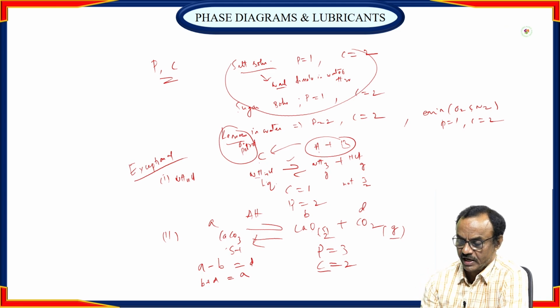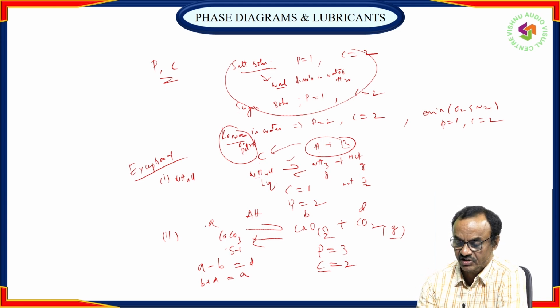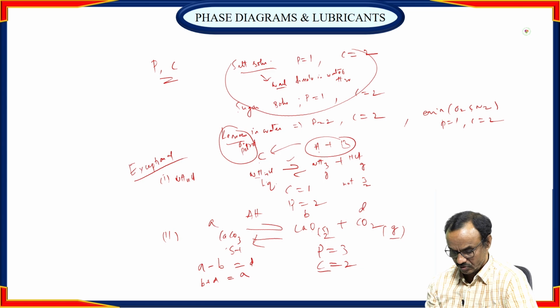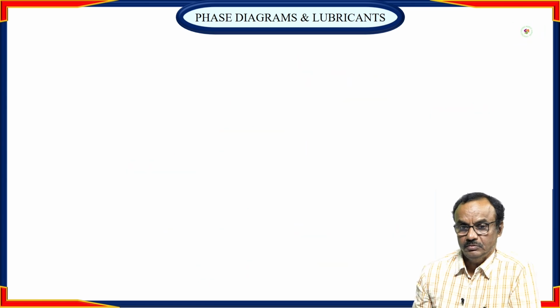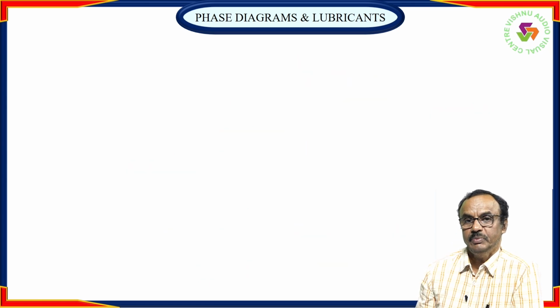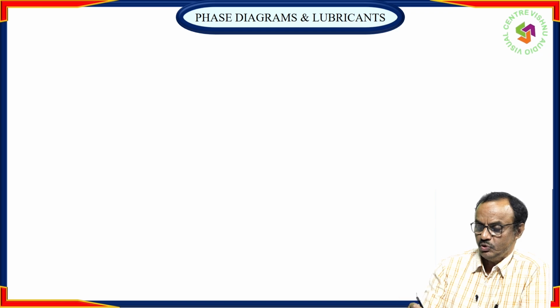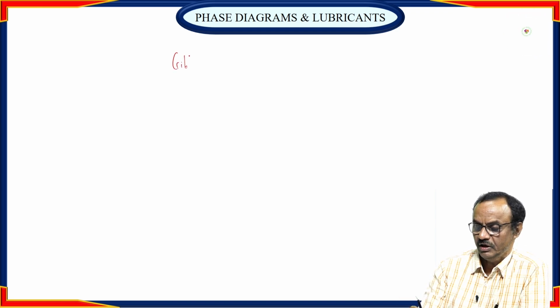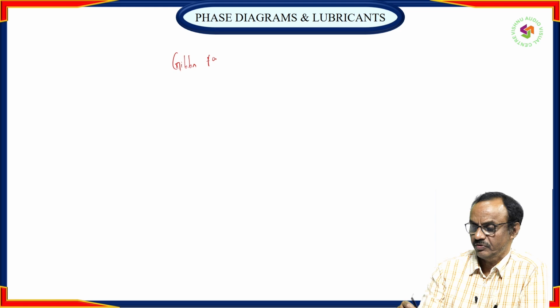These are the only 2 exceptions: decomposition of calcium carbonate and ammonium chloride. So, phase diagrams are explained by taking 2 formulas. These formulas are called Gibbs phase rules.